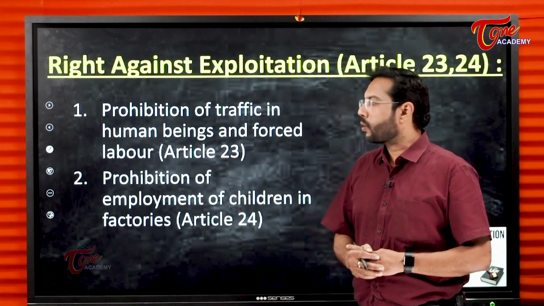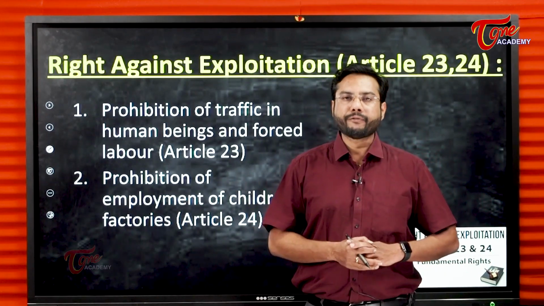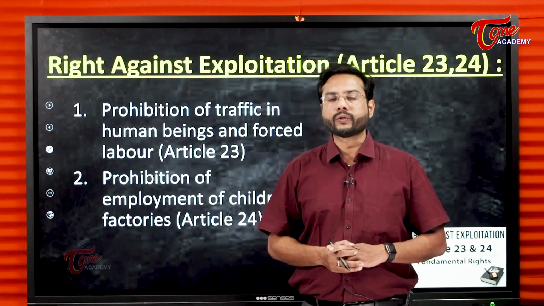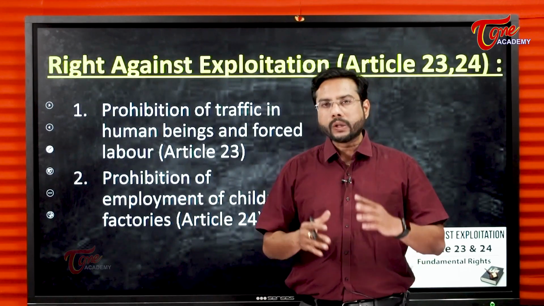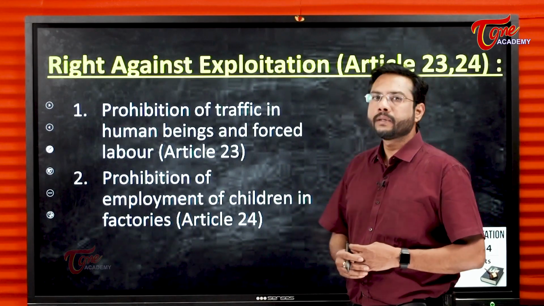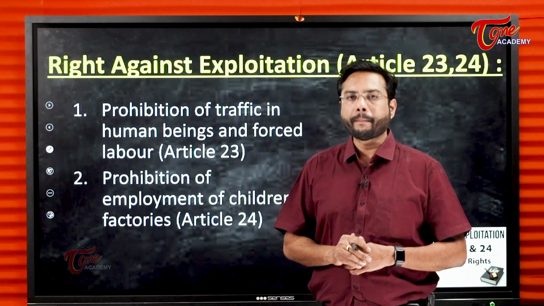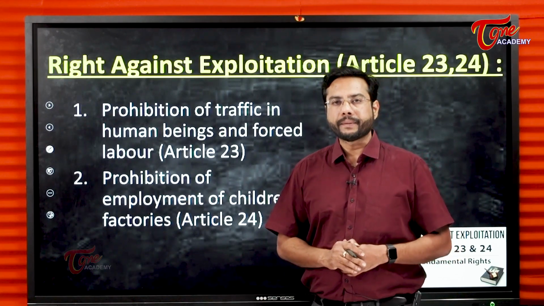In our Constitution, after framing it, our founding fathers, the framers of the Constitution, thought that all those social evils like slavery, like bonded labor, like various other exploitations should be banned in our free India.